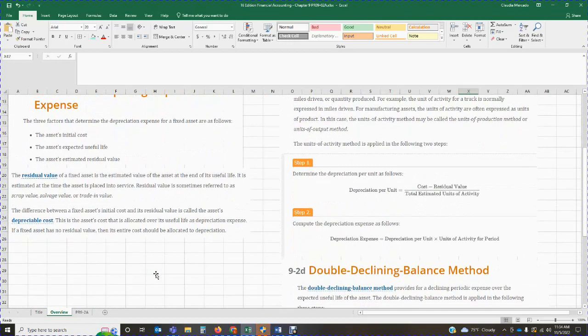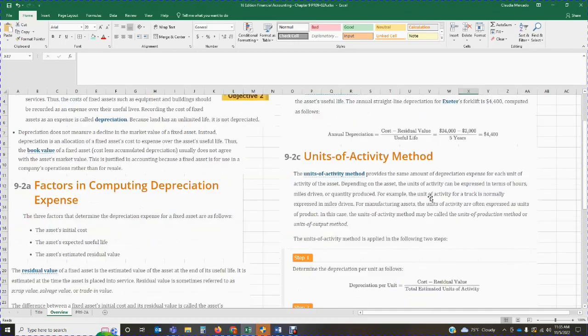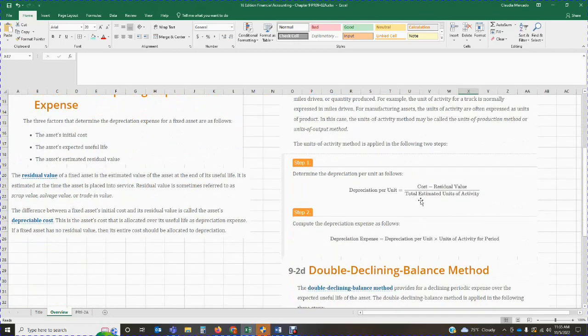Step 1 is to calculate the depreciation per unit. You're going to get the cost minus the residual value, which gives you the depreciable cost, divided by the total estimated units of activity. It's very similar to the straight line, but instead of dividing by the useful life, we're going to divide by the estimated units of activity.